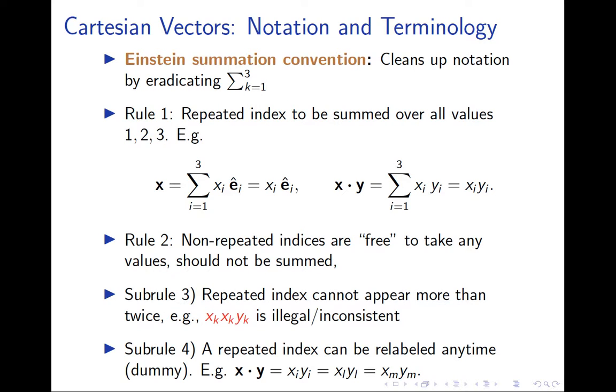Finally, there is a subrule that a repeated index can be relabeled anytime. So it's a dummy index. And this is analogous to the situation in single variable calculus when you have a definite integral. The integration variable can be anything. It can be x or y or z, right? Because at the end of the day, it gets integrated out, and you only have the limits of integration which enter in the final expression.